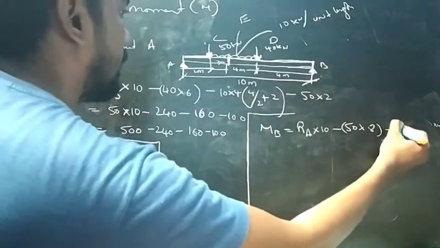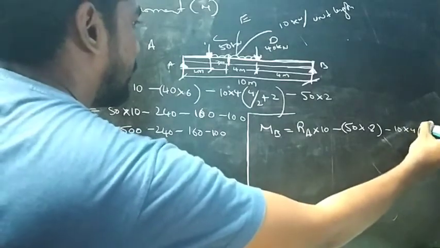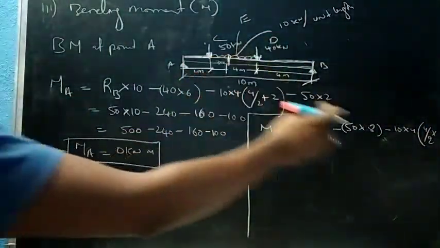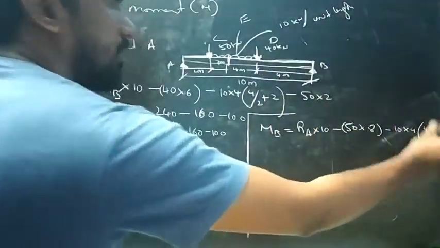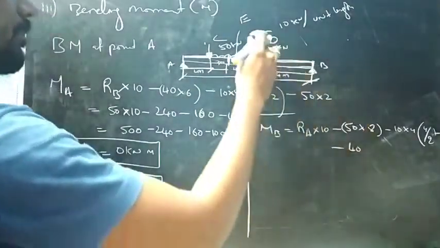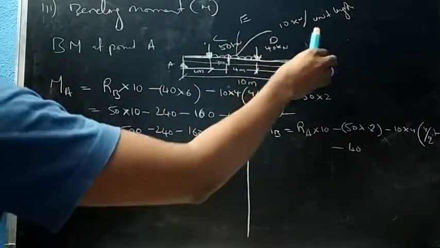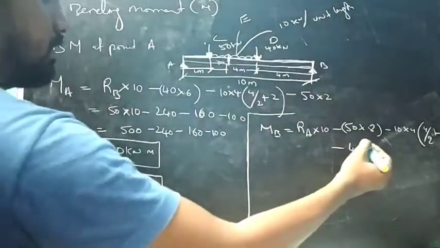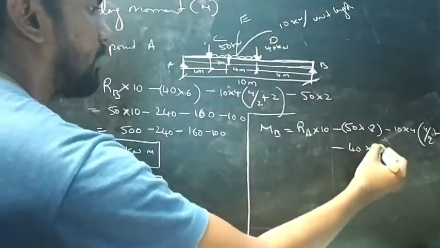minus that UDL 10 into 4, the maximum bending will be 4 by 2 plus the remaining part, which is 4, right? Minus 40, I am taking the axis here, so I have to calculate all the way from here. So 40 is going down, that is creating a hogging bending moment, into perpendicular distance is 4 meters.